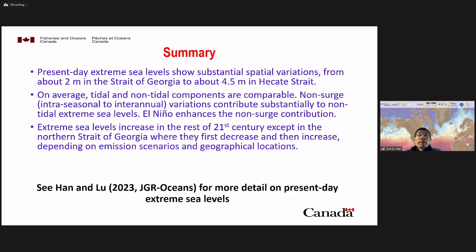Non-surge variations contribute substantially to non-tidal extreme sea levels, and El Nino enhances the non-surge contribution. So this is something different for the Pacific coast from other areas such as the Canadian Atlantic coast.